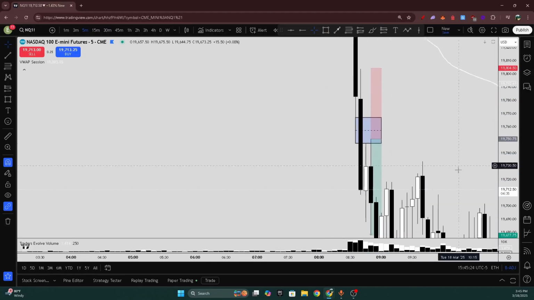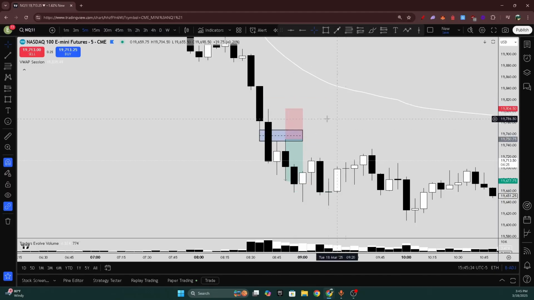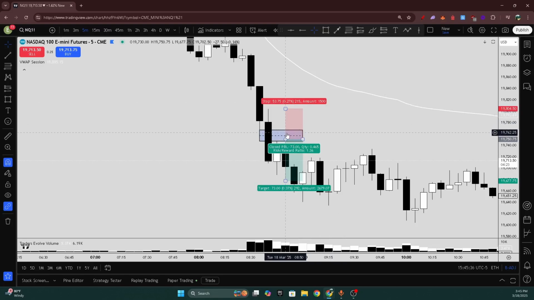Okay, so on this trade, we will lose $1,500. Yeah, the amount is 1,500. And on the bottom, the amount is 2,679. Essentially, what this is showing is that for every dollar you put in, you expect to get $1.36 back.